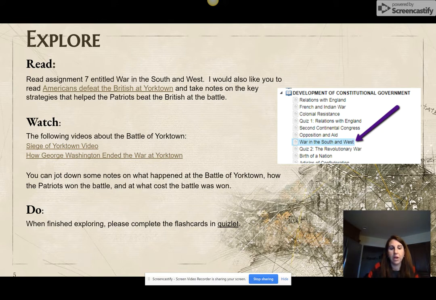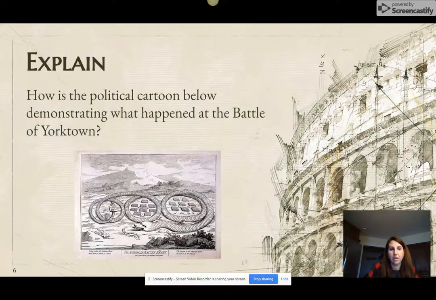Okay, and when you're done, you can complete the flashcards in the Quizlet on the Battle of Yorktown, the Revolutionary War. Okay, and I want you to take a minute and just kind of think about this political cartoon. After you learn more about the Battle of Yorktown, it's going to make much more sense and how the Patriots were able to beat the British.